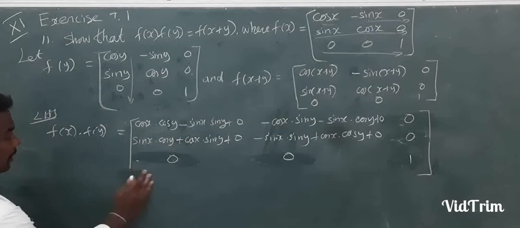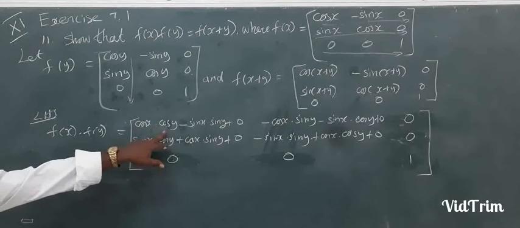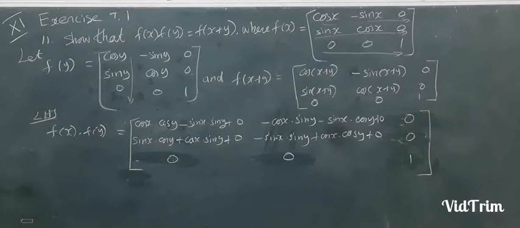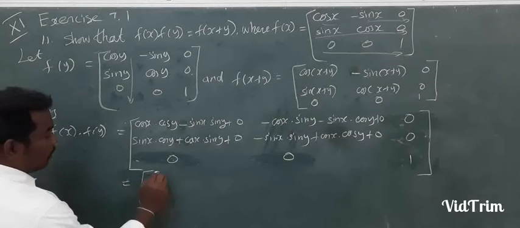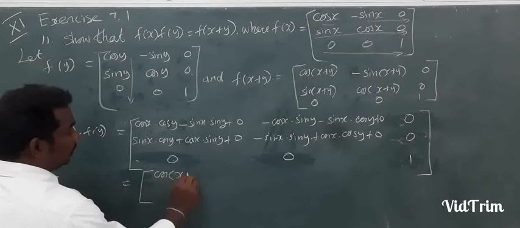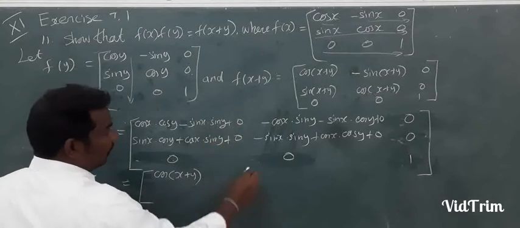Now we are going to rewrite the formula for each term. Cos x into cos y minus sin x into sin y. Can you guess which formula will come for that? It is cos of a plus b. So we will write cos of x plus y, and plus 0.